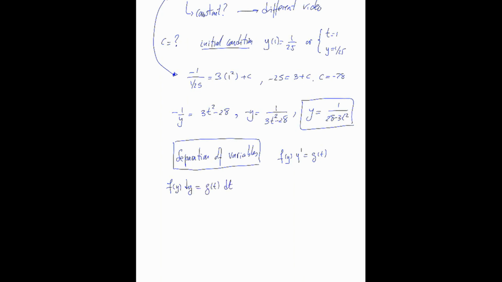That's the separation of variables, only y here, and here we have only t. And the way to solve it, you integrate both sides. So this becomes the integral of f of y dy equals the integral of g of t dt.